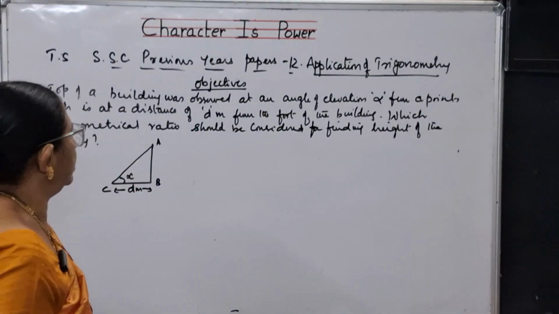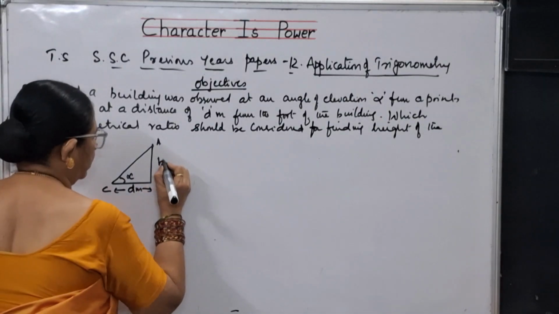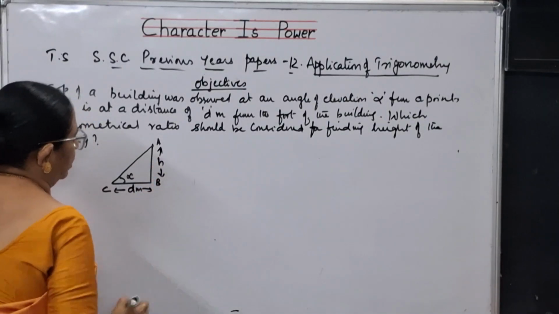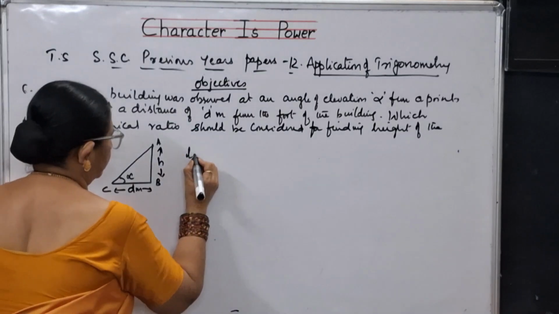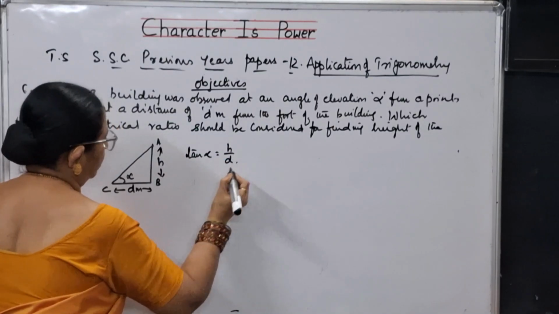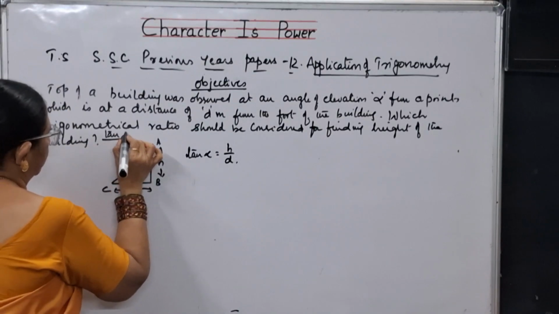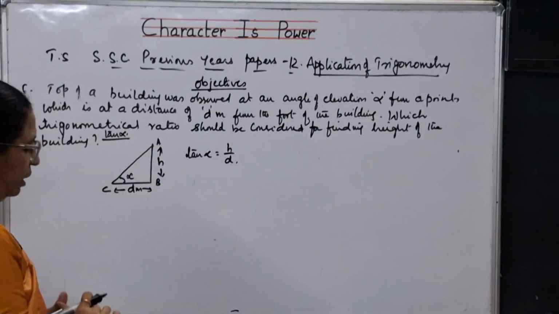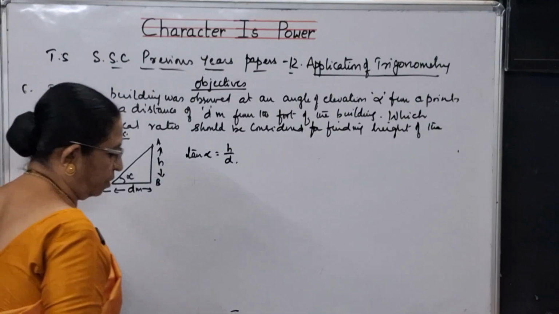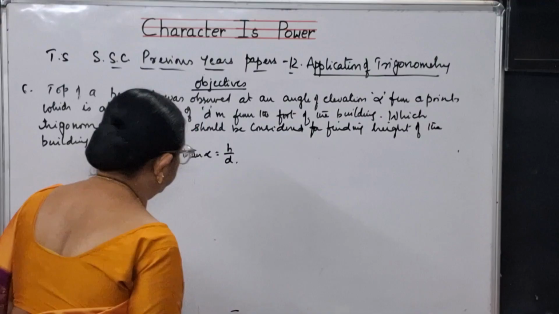Which trigonometrical ratio should be considered for finding the height of the building? You want height, so it is nothing but tan. Tan alpha is equal to h by d. So we'll be using the trigonometrical ratio tan alpha. I hope I am clear, children.